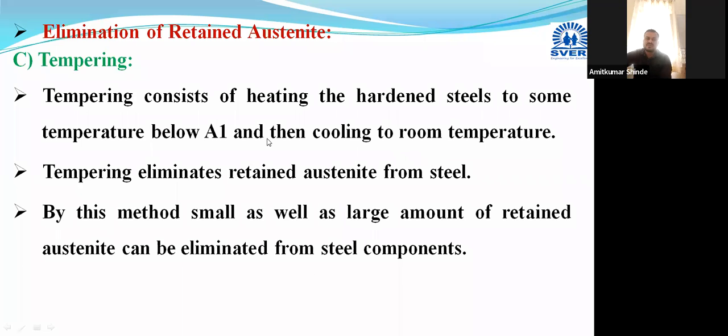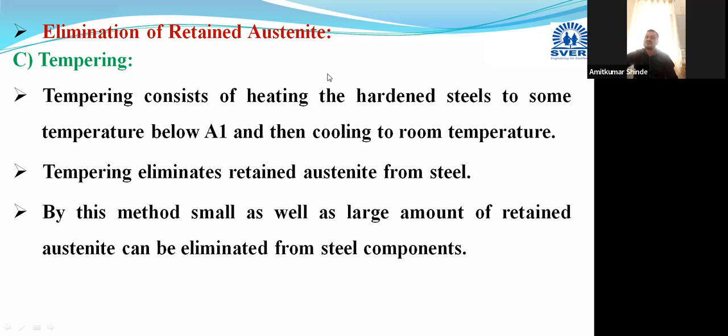In this way, in today's session, we have completed the hardening heat treatment process along with its different types, and the tempering heat treatment process along with its different types. Then we have understood the concept of auto tempering, secondary hardening, and other heat treatment processes like patenting and isoforming.